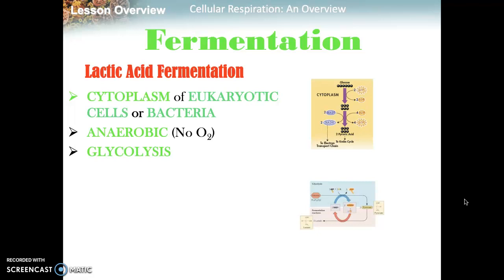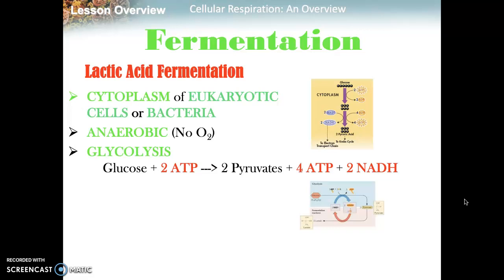And it is during this glycolysis that we actually produce our energy. Okay, again, as before, with cellular respiration, we're going to have 2 ATPs being used to help break the glucose down into 2 pyruvates. This will release 4 ATPs and 2 NADH molecules. So identical to what we had at the beginning of cellular respiration.